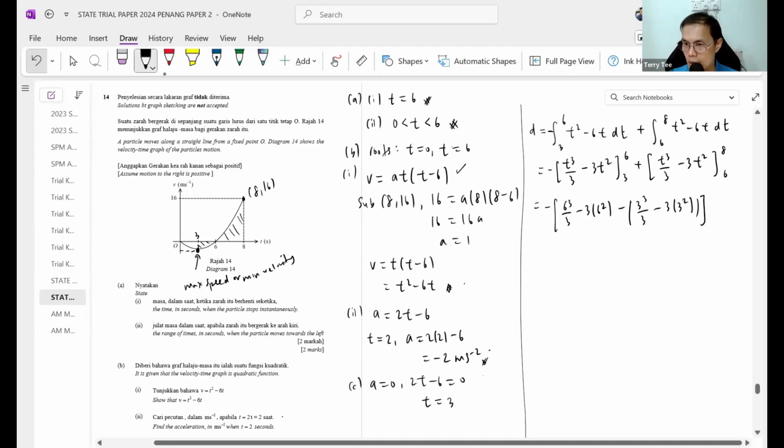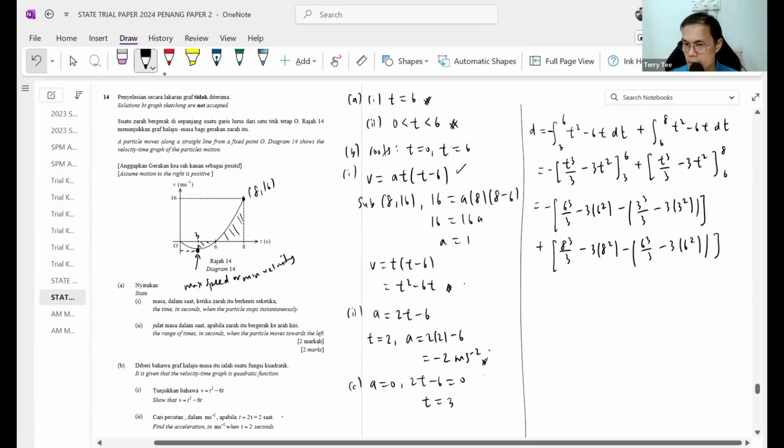There's a lot of brackets here. Then you add the second part: 8 cubed over 3, minus 3 times 8 squared, minus 6 cubed over 3, minus 3 times 6 squared.